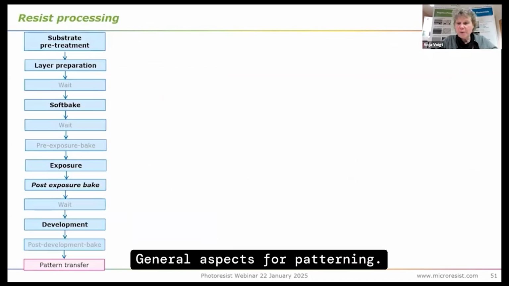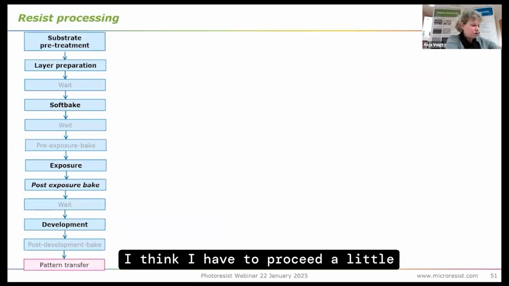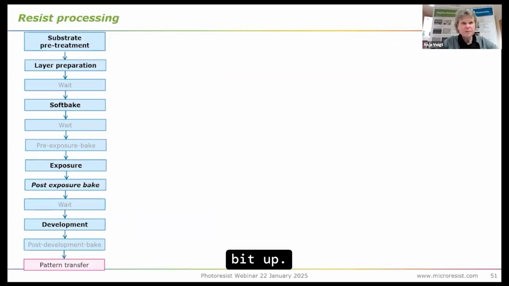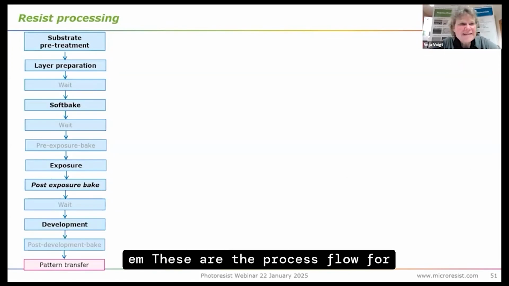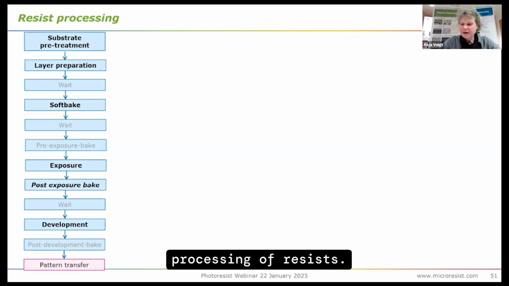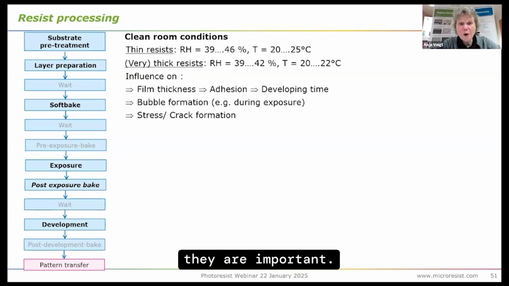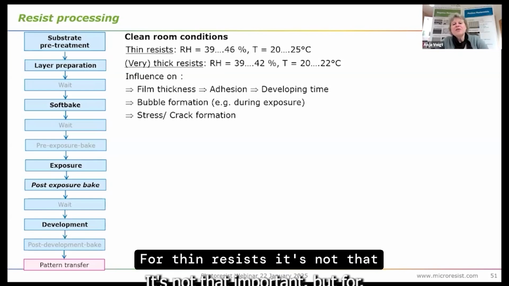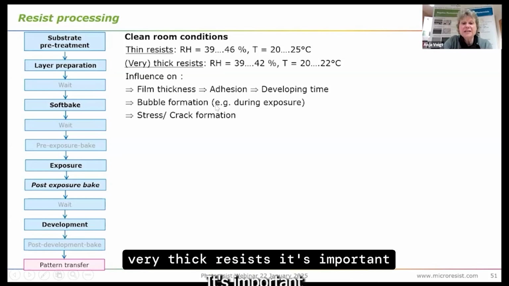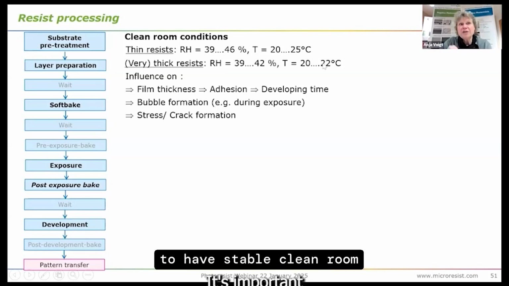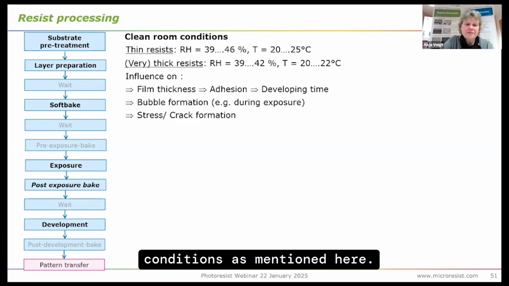General aspects for patterning. I think I have to proceed a little bit. Oh, okay. This is the process flow for processing of resists. Clean room conditions are for sure important. For thin resists it's not that important, but for processing of very thick resists, it's important to have stable clean room conditions as mentioned here.